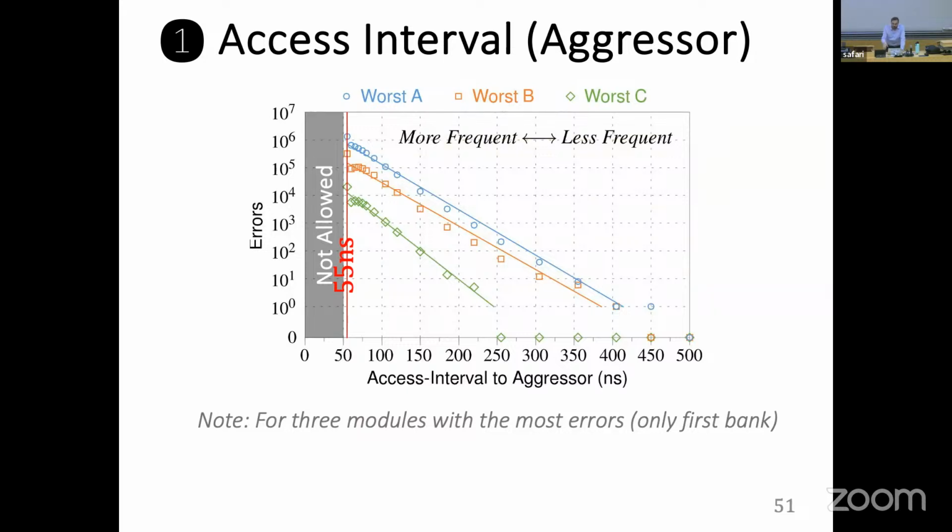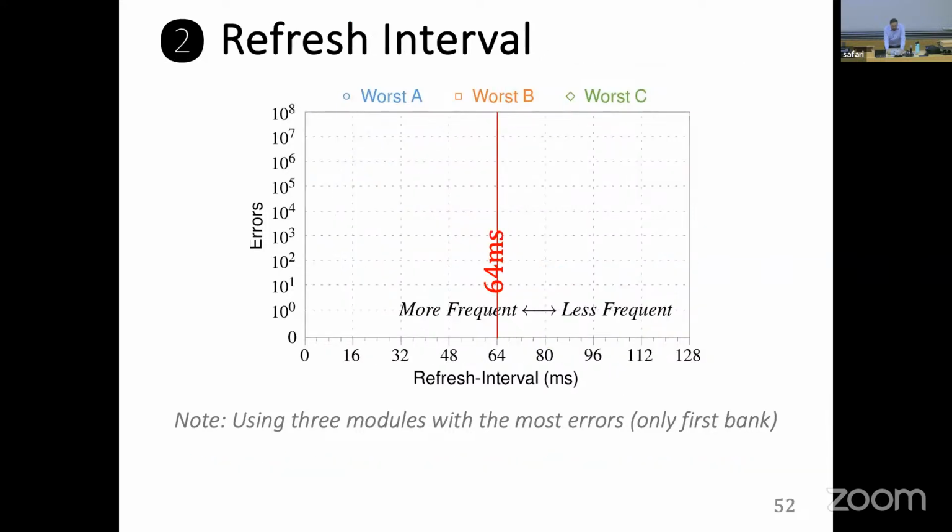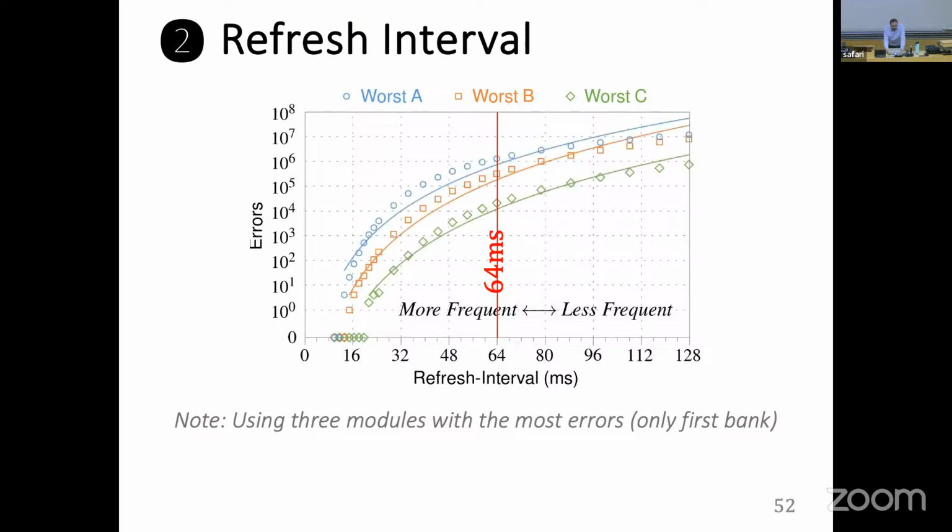You cannot access more frequently than this. So if you have less frequent accesses, you have fewer errors. If you refresh more frequently, you can prevent errors. If you refresh less frequently, then you have more errors. Quite intuitive, right? So this leads us to the mitigation method.